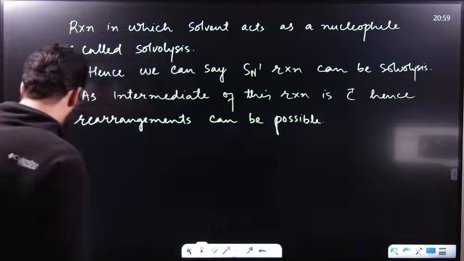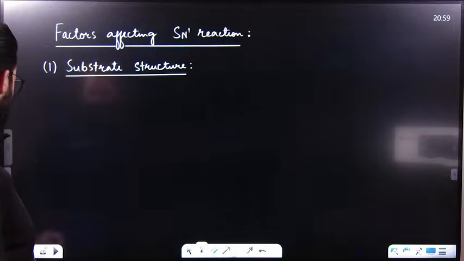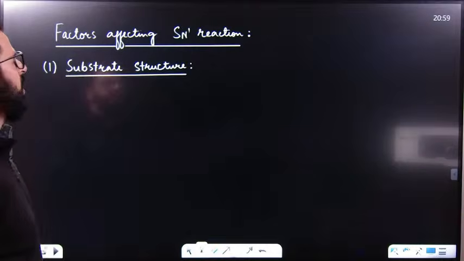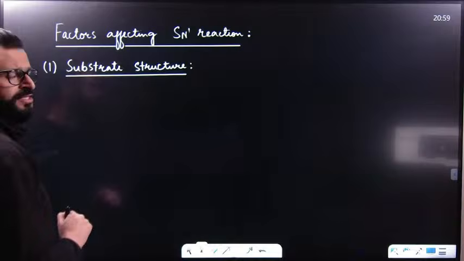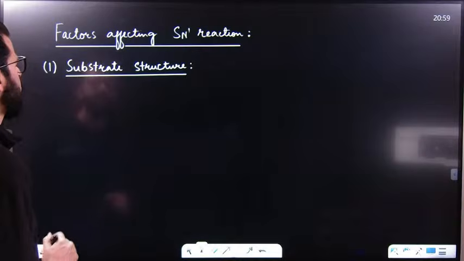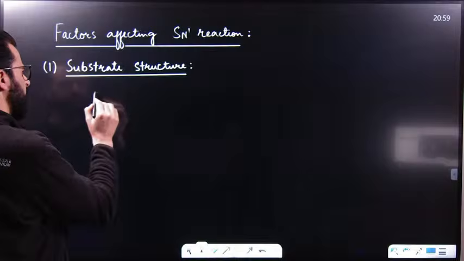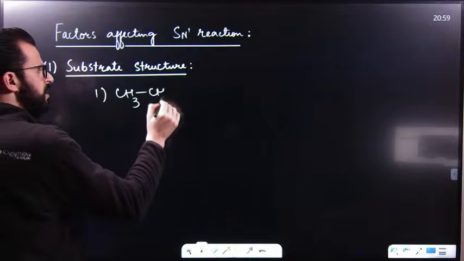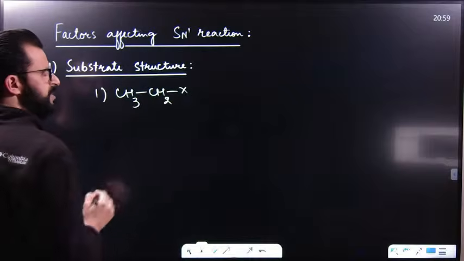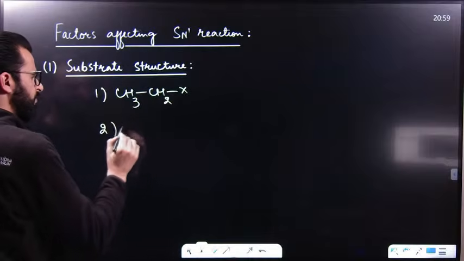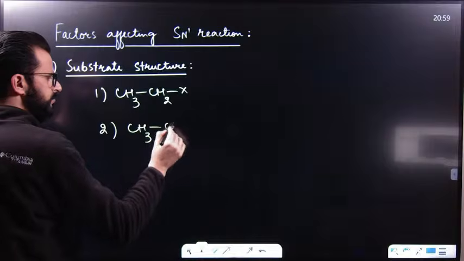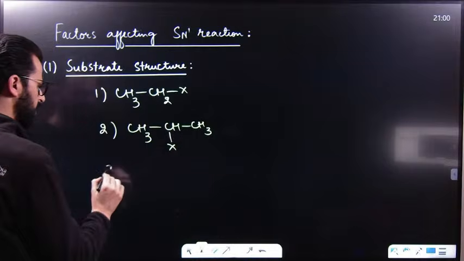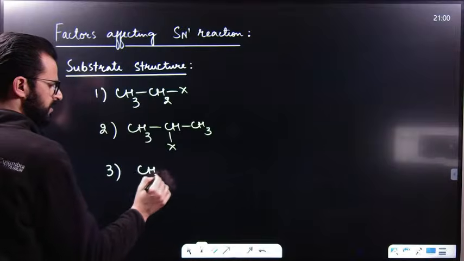Now have a look. We are having now factors affecting SN1 reaction. First factor is simply substrate structure. For example, if you are having CH3CH2X, 1 degree alkyl halide, you are having 2 degree alkyl halide like this, and you are having 3 degree alkyl halide like this.